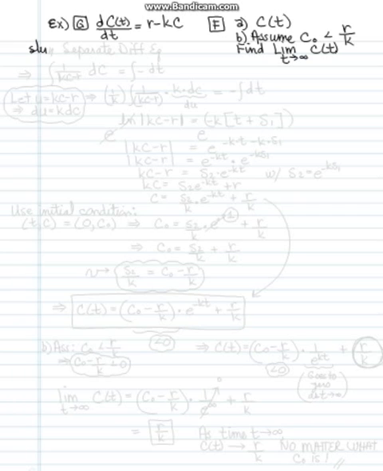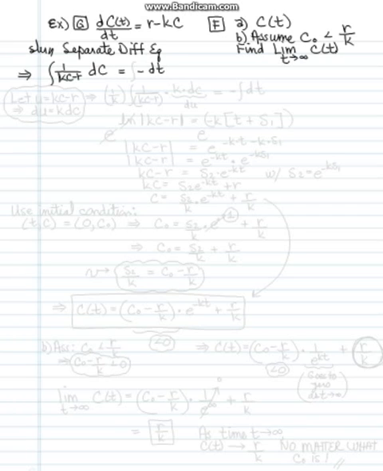Okay, solution. We're going to separate the differential equation, and that will give us 1 over k times c minus r. Now I factored a negative 1 out when I did this, and that's dc equals negative dt.